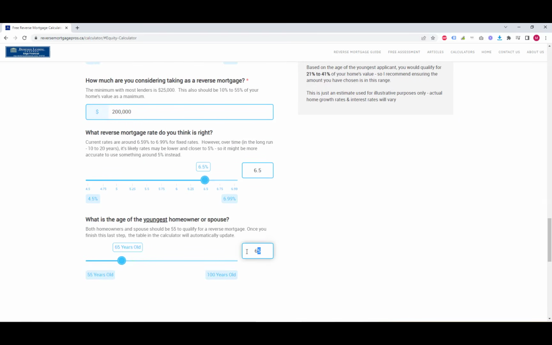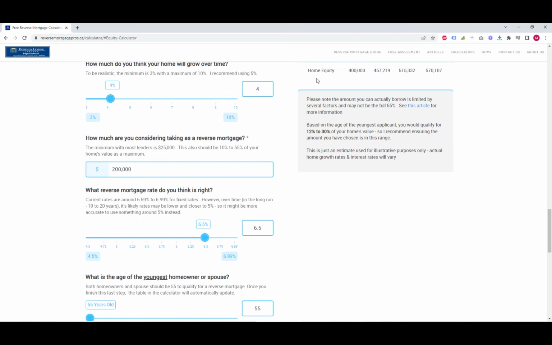Now, if I was 55 and that was the youngest homeowner, you can see that I've set that too high. I probably won't qualify for 33% at 55 years old in almost every market, in every property type in Canada. You'd have to be a little bit older. In this case, the clients were 65, so they would qualify for 21 to 41% roughly, and they're actually taking something right in the middle.